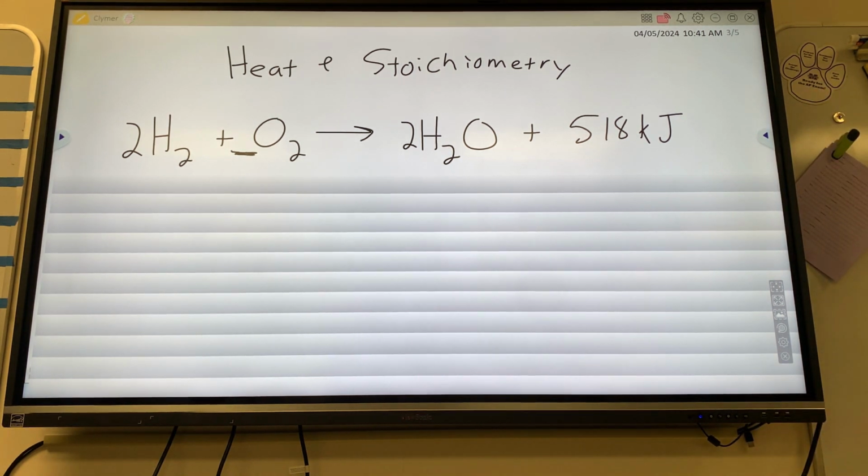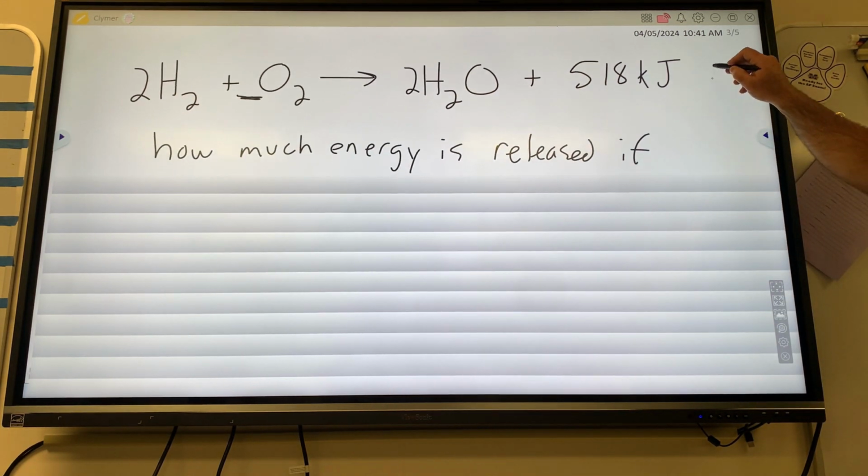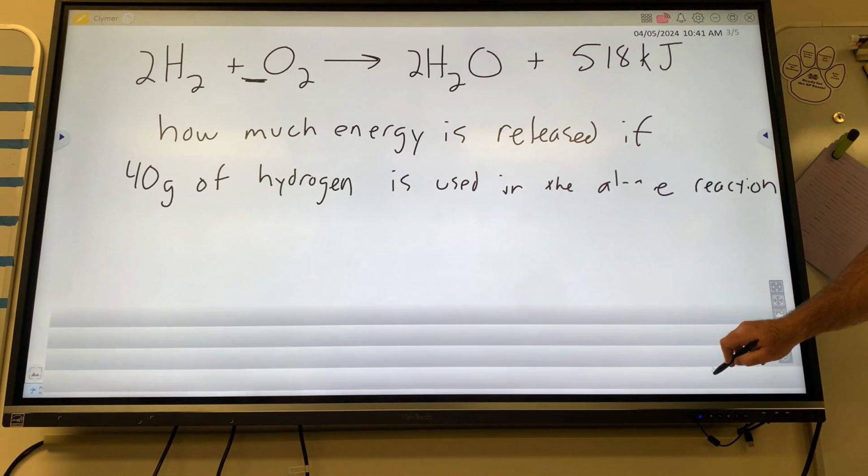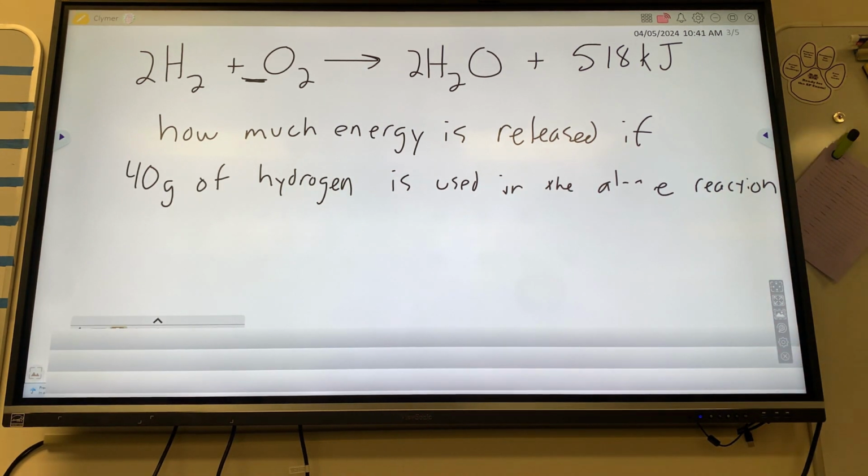So let's see if we can do a stoich problem with this concept. You're writing this down in your notebook. How much energy is released if 40 grams of hydrogen is used in the above reaction?